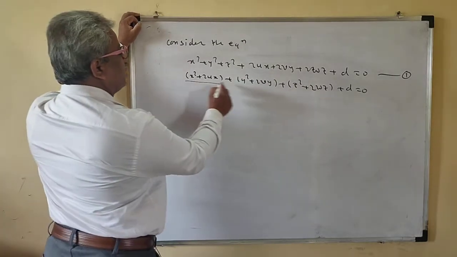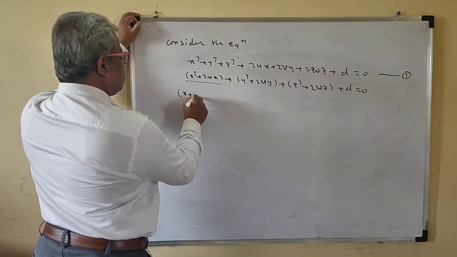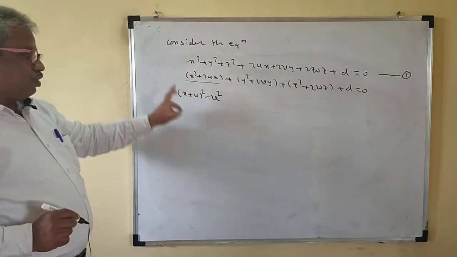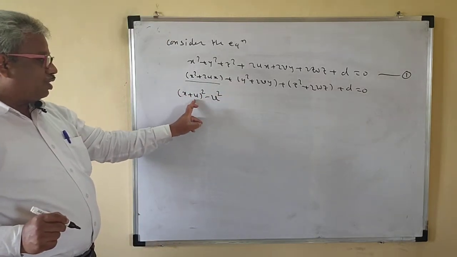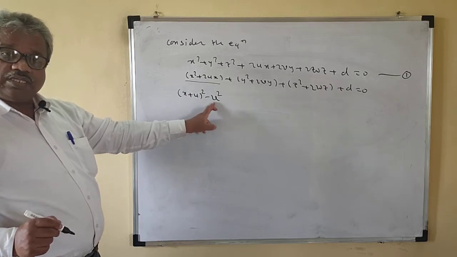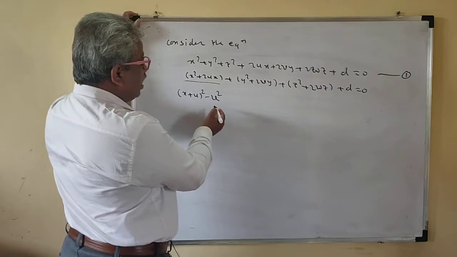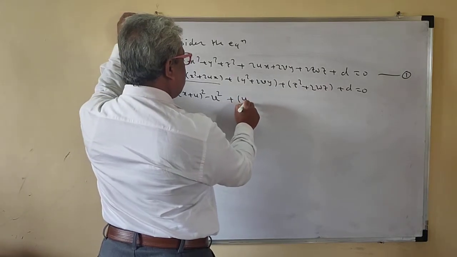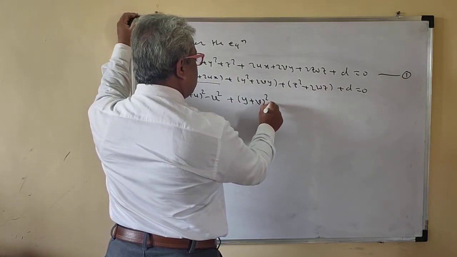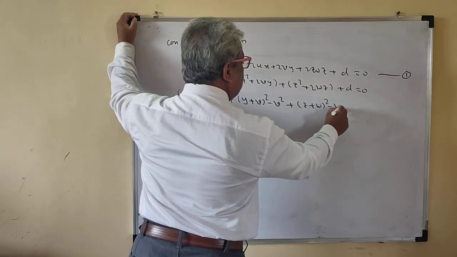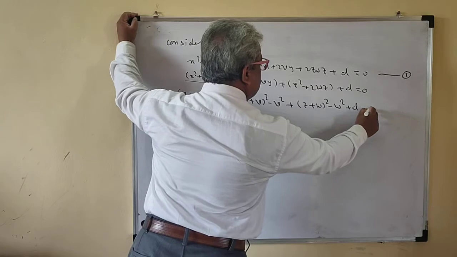I will write this as a perfect square now. This is (x plus u) bracket square minus u square. If you expand it, what do we get? x square plus twice ux plus u square minus u square. The u square gets cancelled, so you don't have u square. Therefore we have subtracted this u square here. Same thing here: (y plus v) bracket square minus v square, (z plus w) bracket square minus w square, plus d is equal to 0.